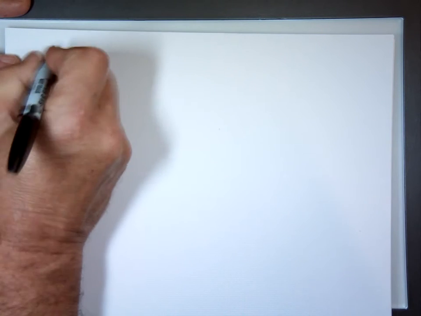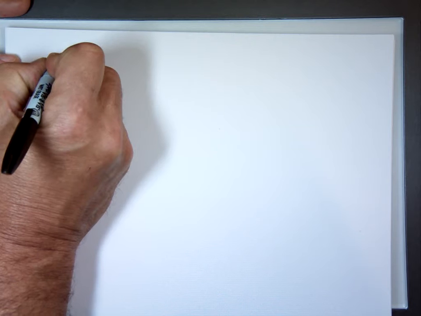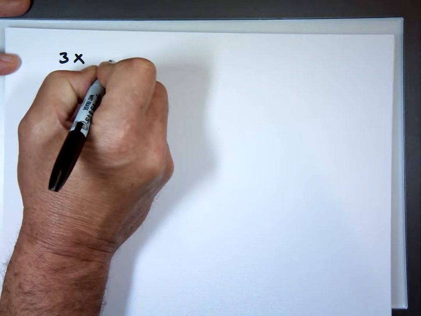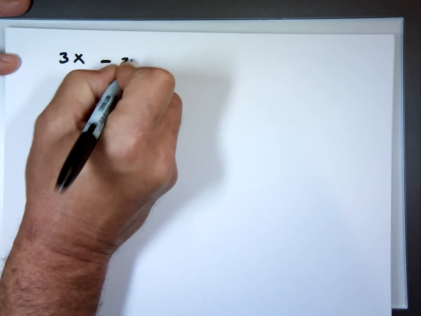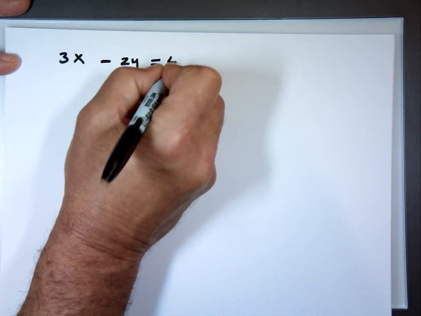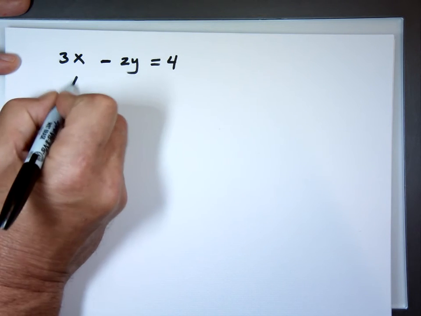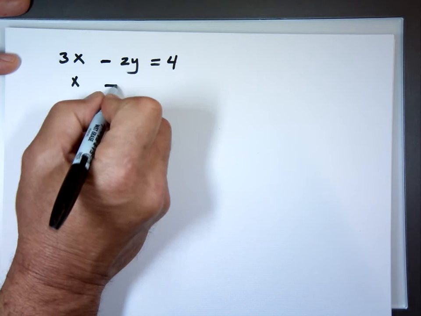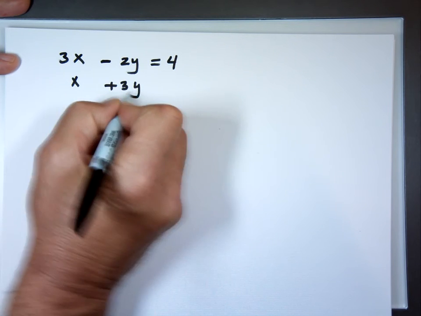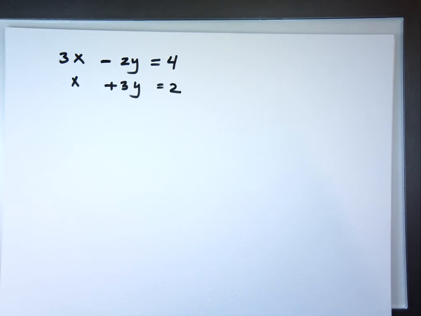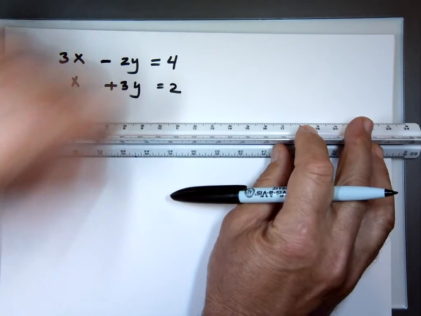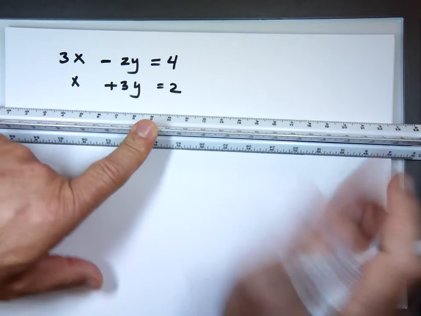Let's say we have 3x minus 2y equals 4. X plus 3y equals 2. Now if you add them, nothing gets eliminated. Nothing.